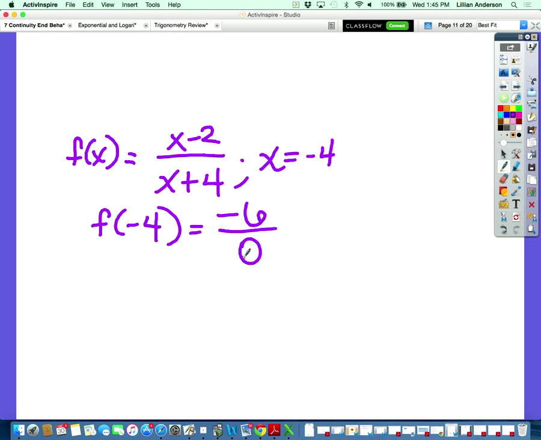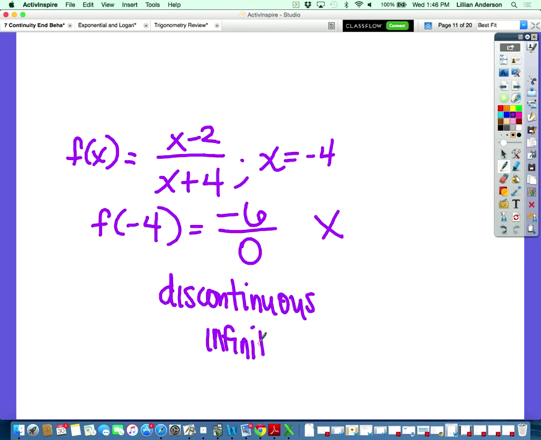Does that exist? No, it's not. So the first test is not passed. If the first test is not passed, you don't continue. You just say it's discontinuous, and you tell me what type of discontinuity you have. Infinite. Because at -4, that is what's causing the denominator to be 0. And that is the thing that is making it a vertical asymptote. Questions?